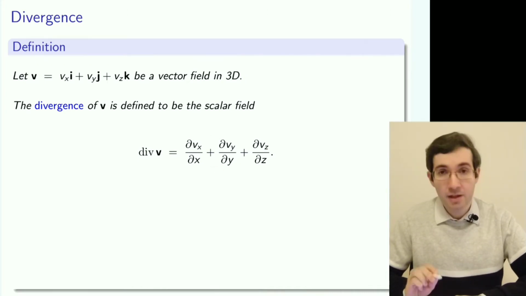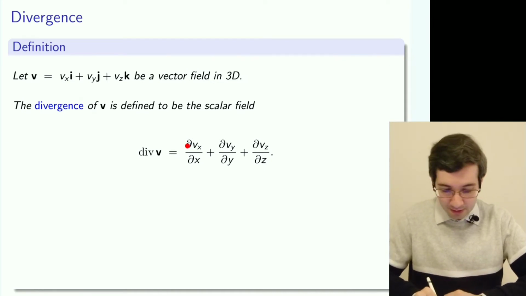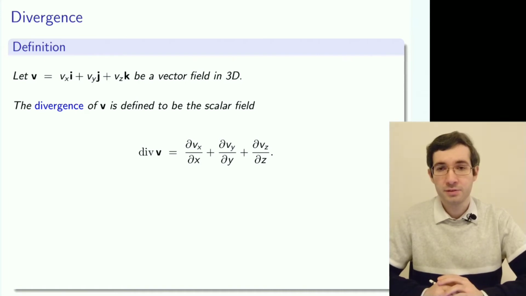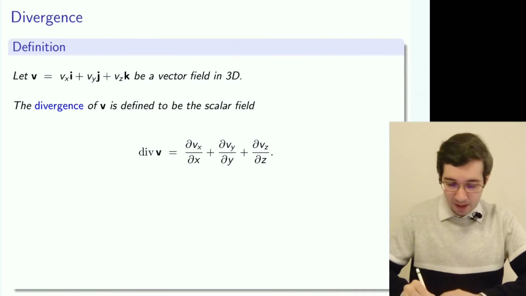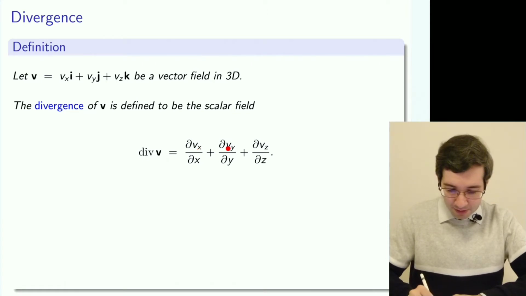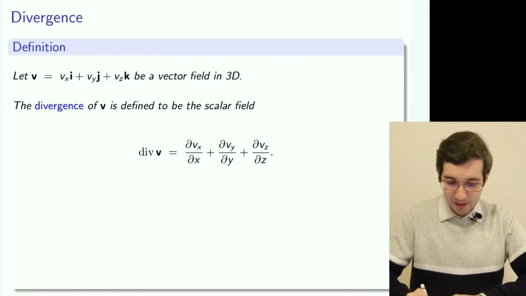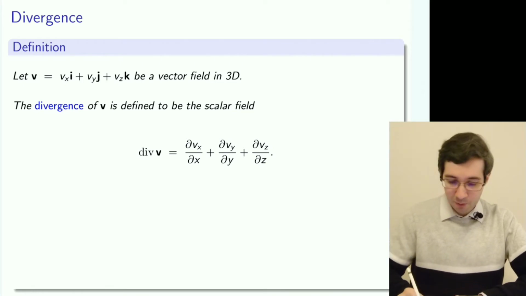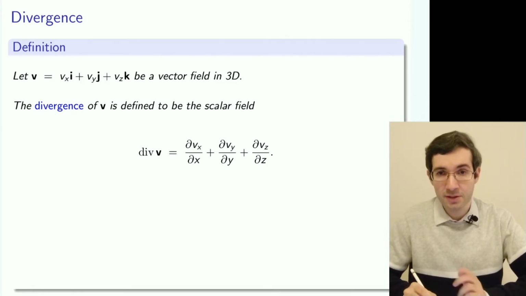So first, notice that this is a scalar product, so that's a number which will depend on x and y and z, so it's a scalar value. And second, that it depends on the components of the vector field. So that's the main contrast with the gradient, which is defined on the scalar field and gives a vector field.